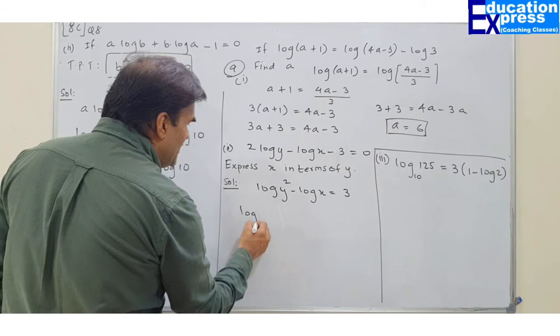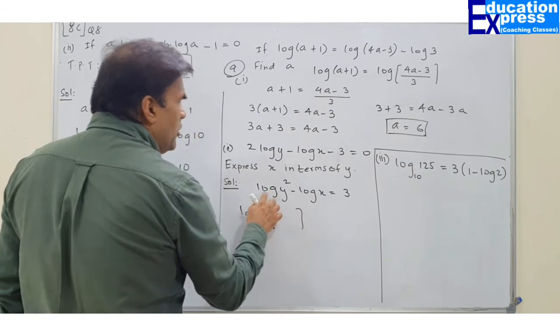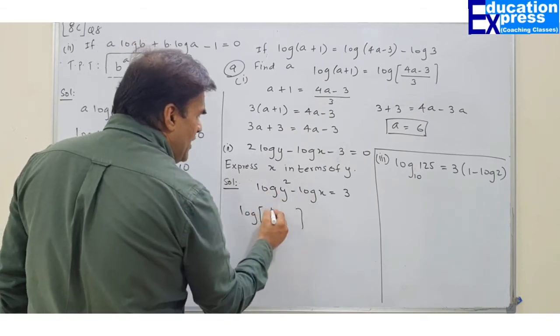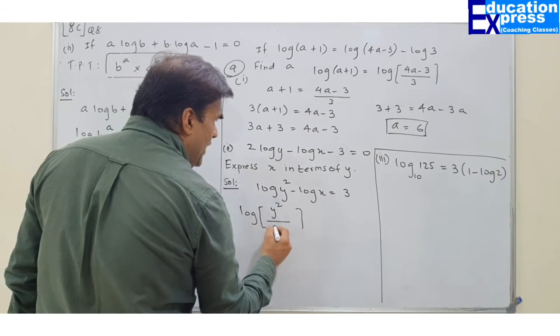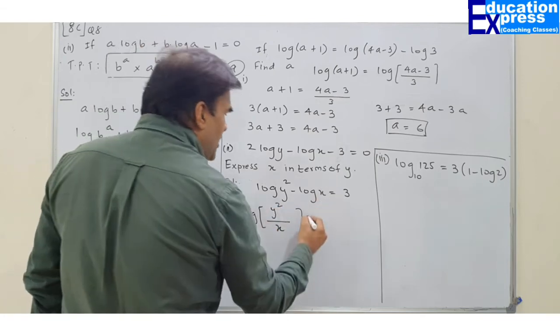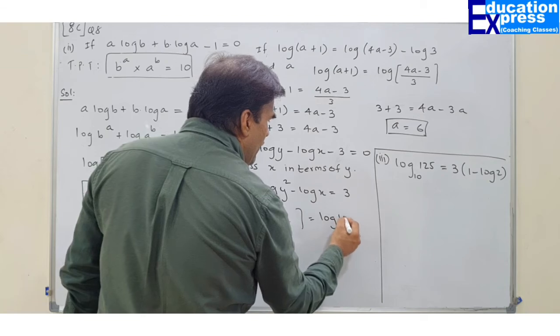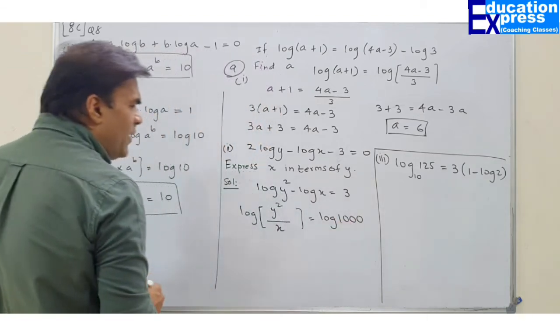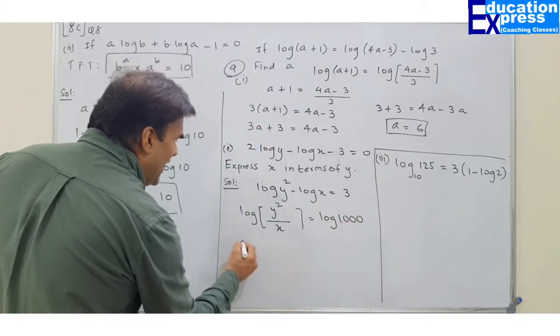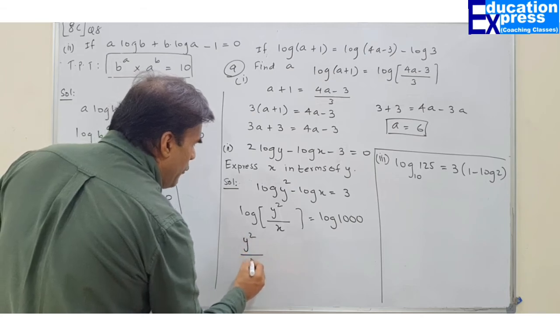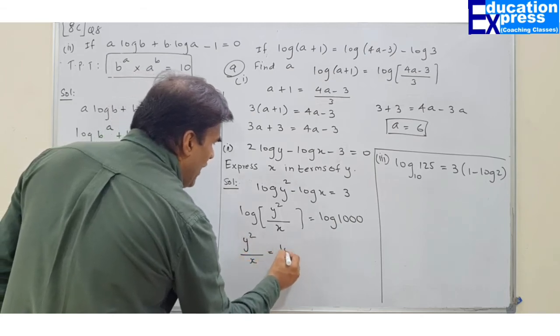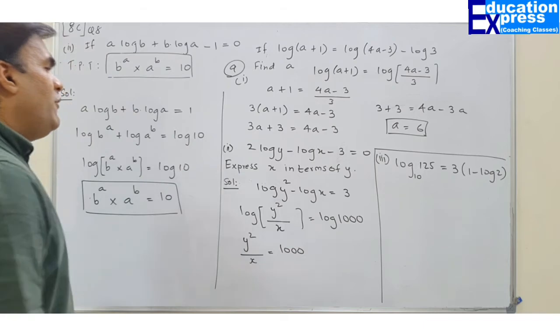This can be written as log of y square upon x, since log a minus log b is log a upon b. And 3 can be written as log of 1000. Now if you remove log from both sides, you get y square upon x equals 1000. What we have to find?